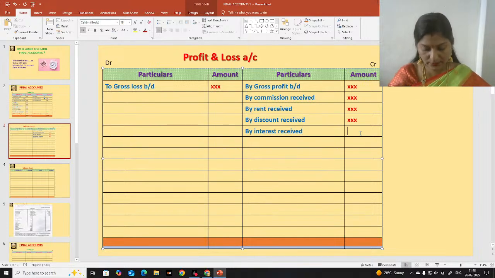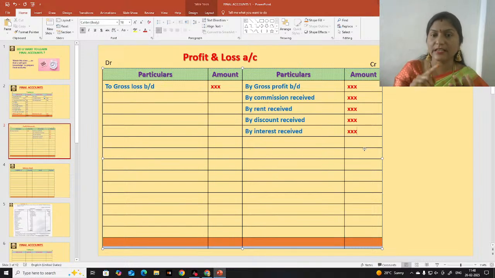Okay, these are general incomes that appear on the credit side of the profit and loss account. Remember all this: commission received, rent received, discount received, interest received. So these all are known as incomes, and we are going to record them on the credit side.